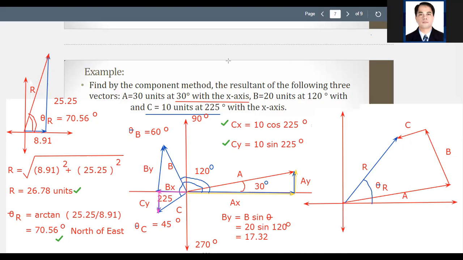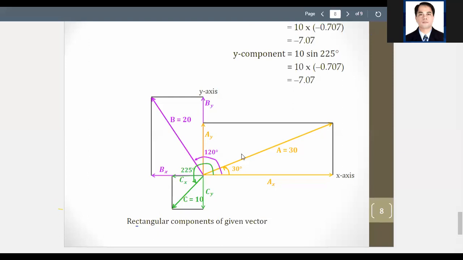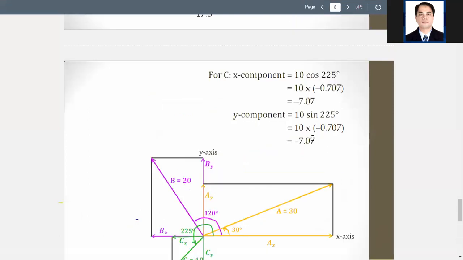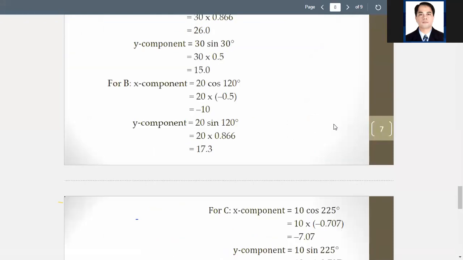This length here is our summation of x, and this one is our summation of y. The triangle there is where we use our Pythagorean theorem. So this is how our vectors would look whenever we plot the individual calculated components.